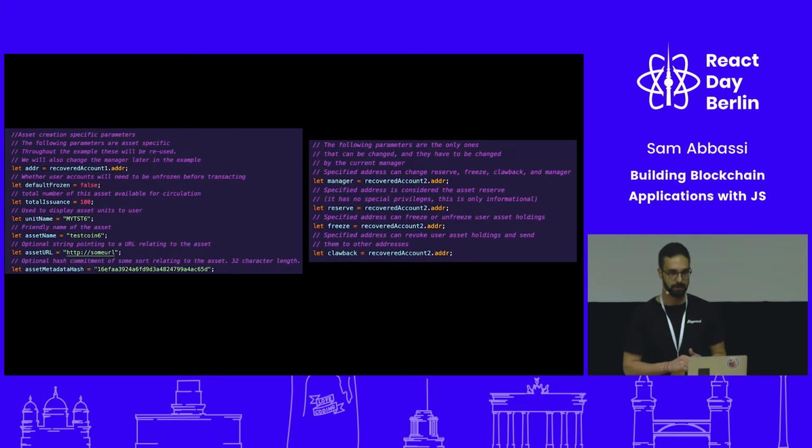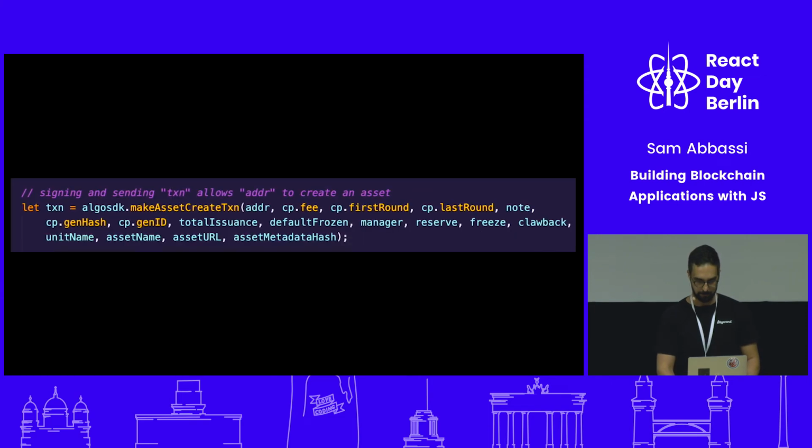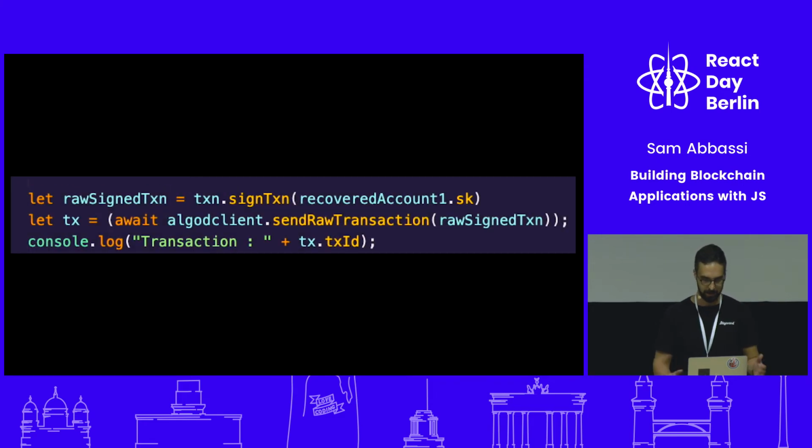So designating who can transact the asset, freezing the asset itself, and all kinds of constructions like that. So here we are generating the asset itself, and this should look familiar because it's similar to how we construct a transaction. And again, same thing. We are signing the transaction and sending the transaction or broadcasting the transaction to the network.